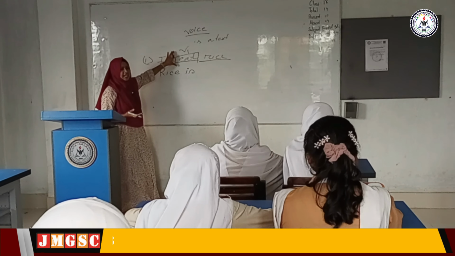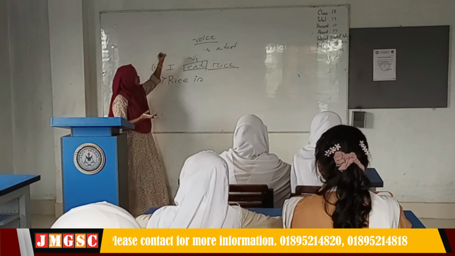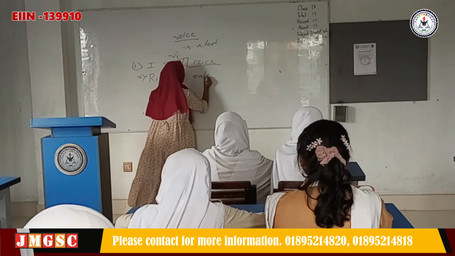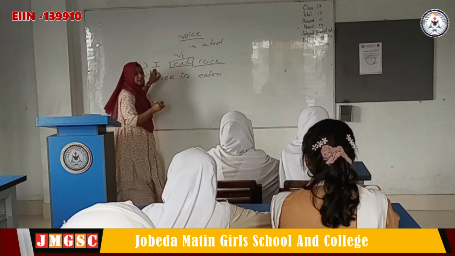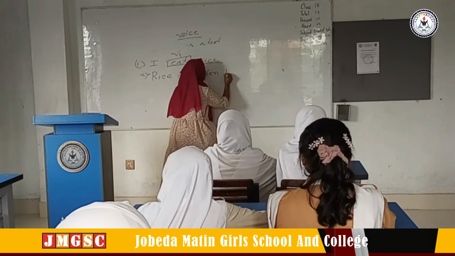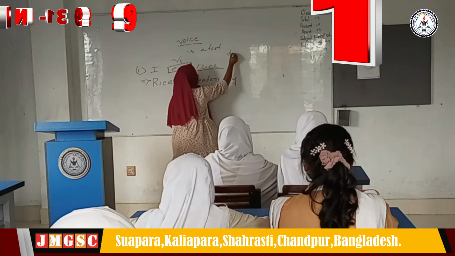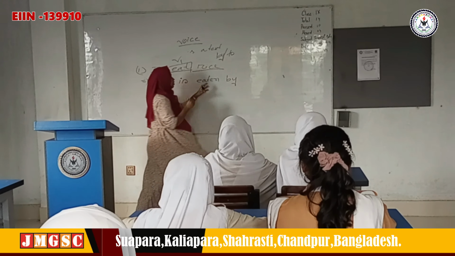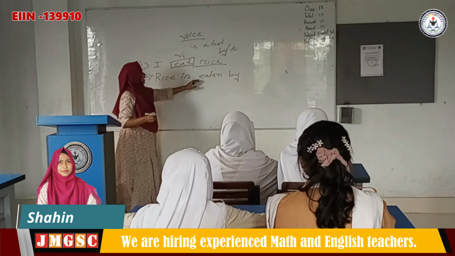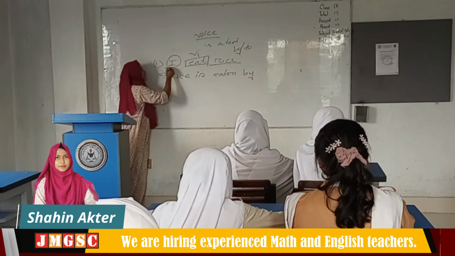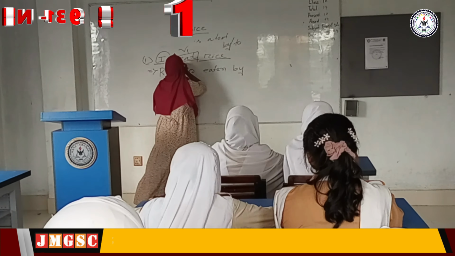Then we have to change the verb. Eat becomes eaten. Then we have to add a preposition. It could be by or it could be to. Here I am using by. Rice is eaten by, then we have to make the subject an object.